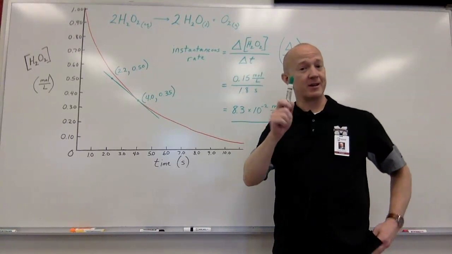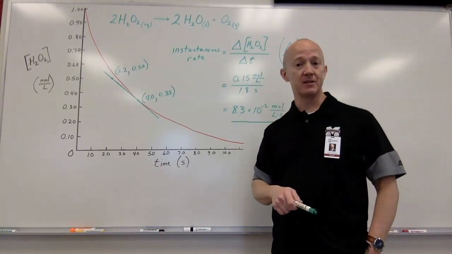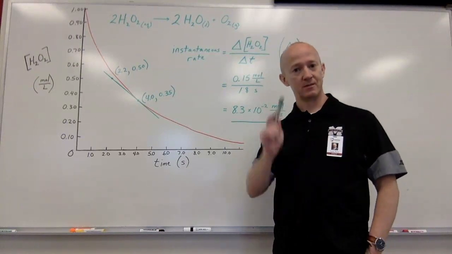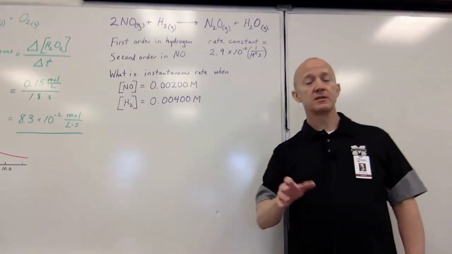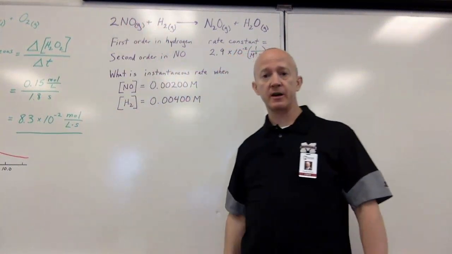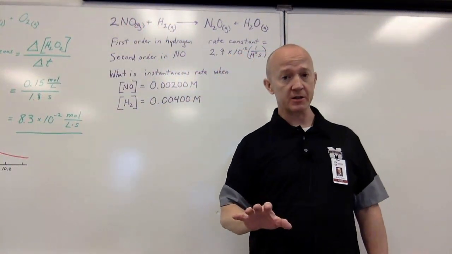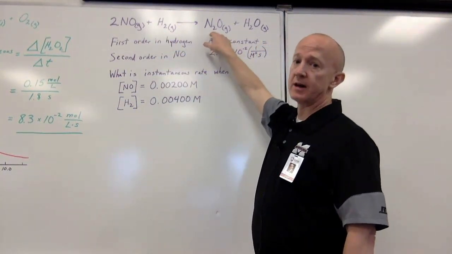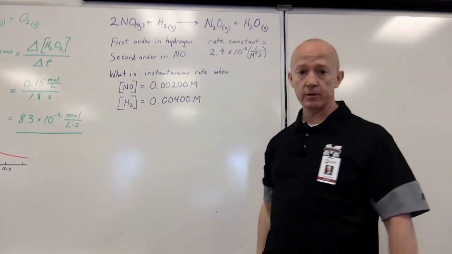You know though, there is another way of finding instantaneous rate, and that's through what we learned in the last section, rate law. Let's say we have this reaction right here. The reaction between nitrogen monoxide, also called nitric oxide, and hydrogen to produce dinitrogen monoxide and water.